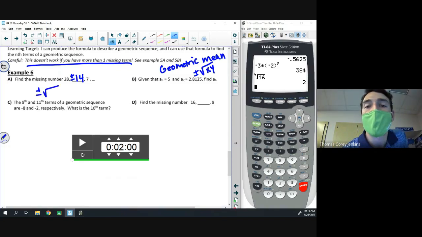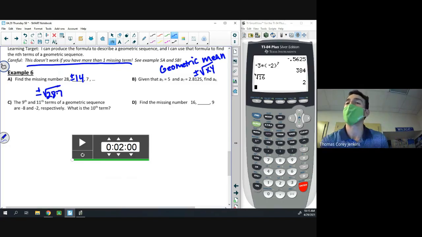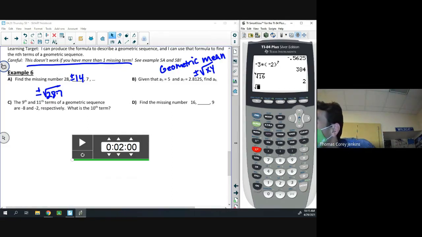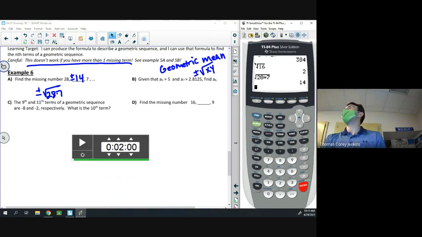Like I said, see if it works. So plus or minus square root of 28 times 7. Let's see if that really gives us 14. If it does, we can feel good about the formula. So that would be the square root of 28 times 7. And it does give me 14, right? So again, this is a shortcut, but it only works if you're filling in one term, okay?